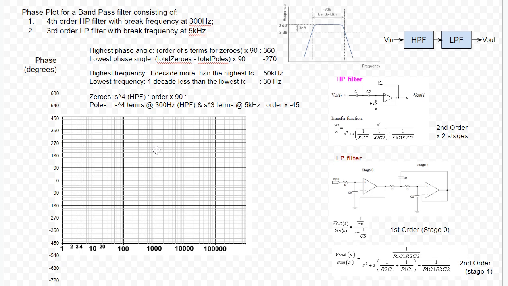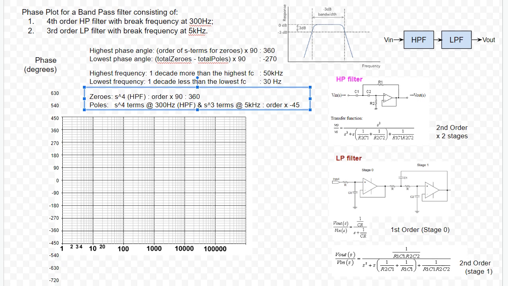Looking at zeros first, we have a 4th order high pass filter. So the zeros will determine, because it's a lone S term, the order is just basically the order times 90. So here the order is 4, so 4 times 90, that means it's 360.